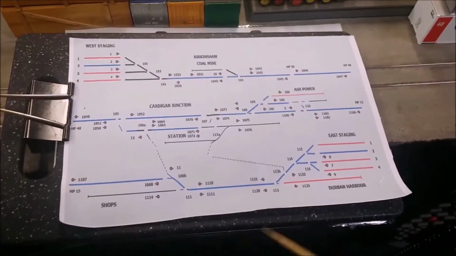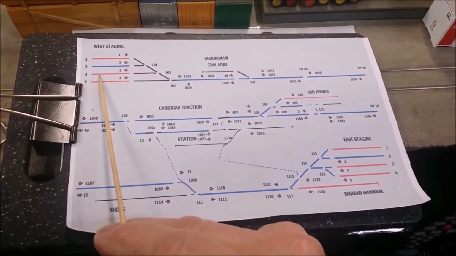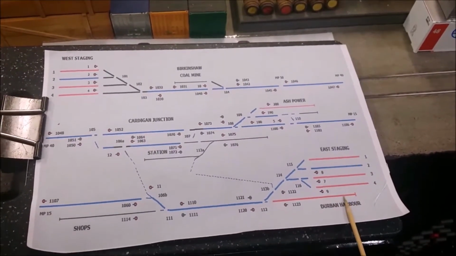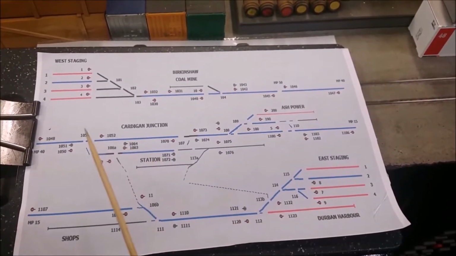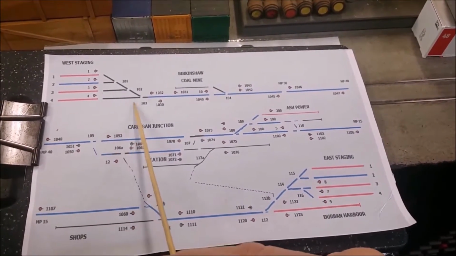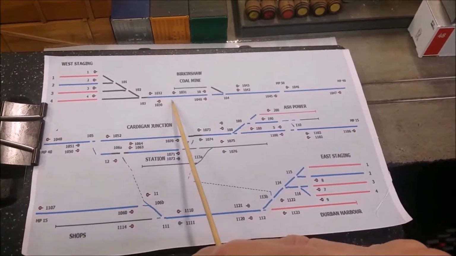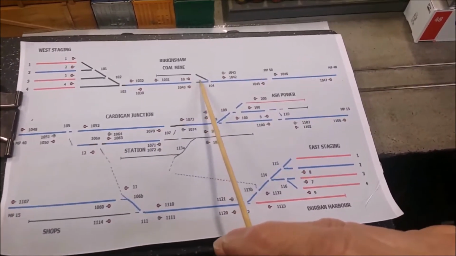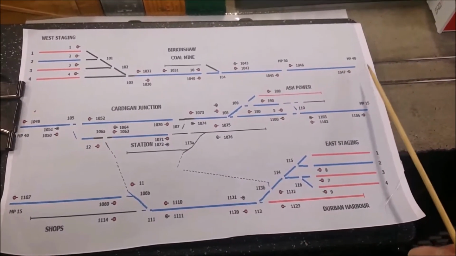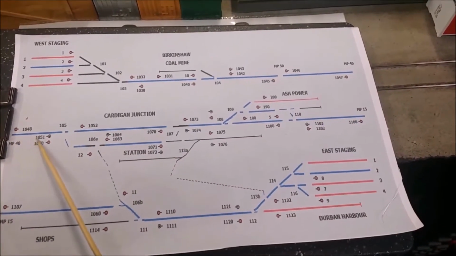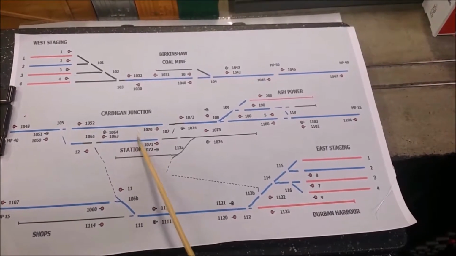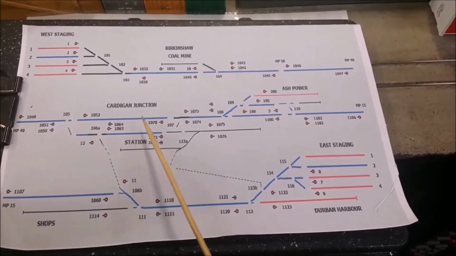Sure. So we have west staging over here, ending up with east staging over here and the harbour. The train would leave from west staging and proceed through Tunnel 1, passing Birkenshaw Mine, and then travelling on around the layout, which is actually going round the room, until we eventually arrive at the small town of Cardigan Junction, where we have a passing loop.